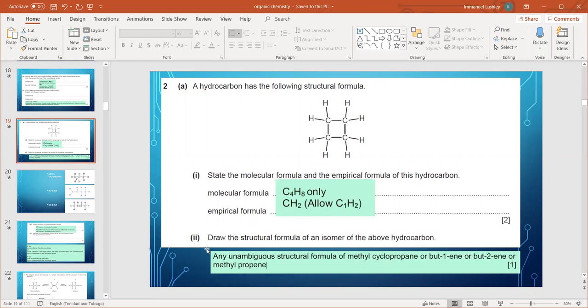Now, the next part of the question says: draw the structural formula of an isomer of the above hydrocarbon. The answers they're looking for are methylcyclopropane, but-1-ene, but-2-ene, or even methylpropene.